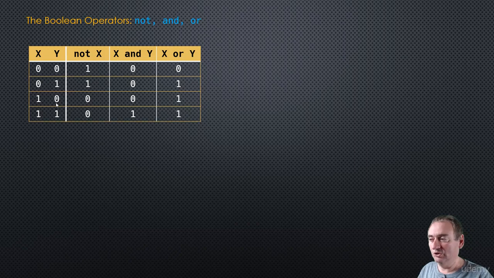Another way to look at these Boolean operators is to think of electrical circuits and to think of switches in an electrical circuit. So here's part of an electrical circuit. Let's say we have current that's coming into this side on the left, and we have a switch. Now the switch can be open, in which case no current is flowing out of the switch, and so we would consider this to be in a false state, right?